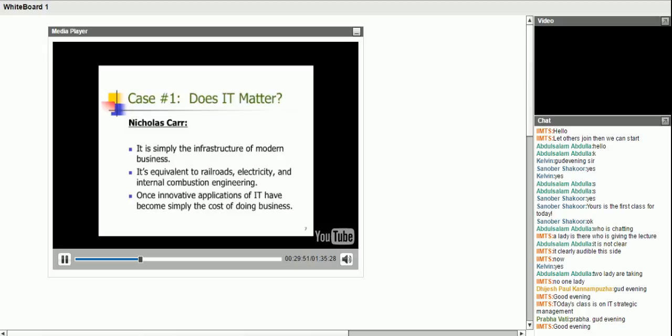Simple infrastructure of modern business. If you take the IT and consider it an infrastructure, it's like the network, the telephone system, the applications, the programs, the communication, the correspondence between people, the automation of work.